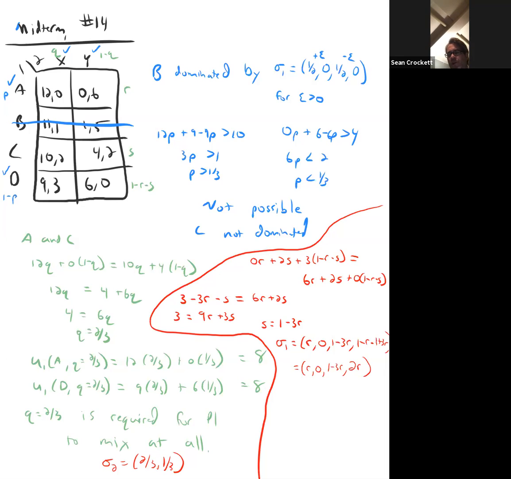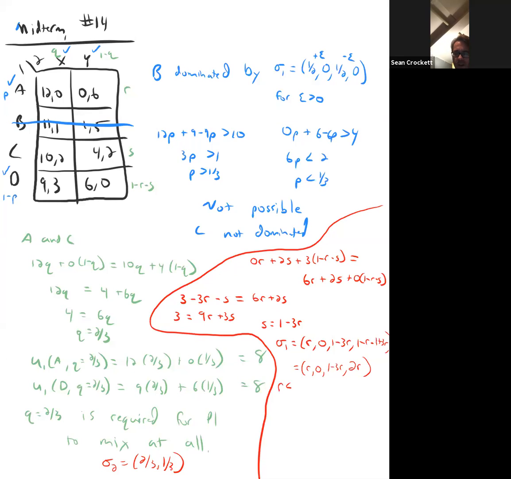And the last thing we should do is to put restrictions on R. Like this can't be true for any R. We have to make sure that no probability ever goes below 0 and ever goes above 1. So R is never allowed to be greater than 1/3.